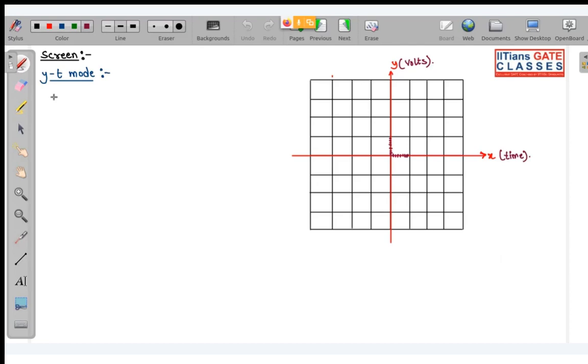So basically the sensitivity, see, suppose you have a signal that looks something like this. This is one sinusoidal signal.